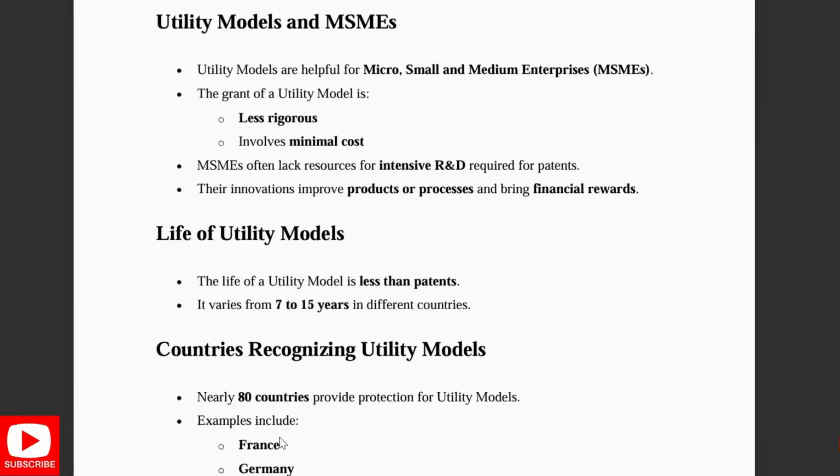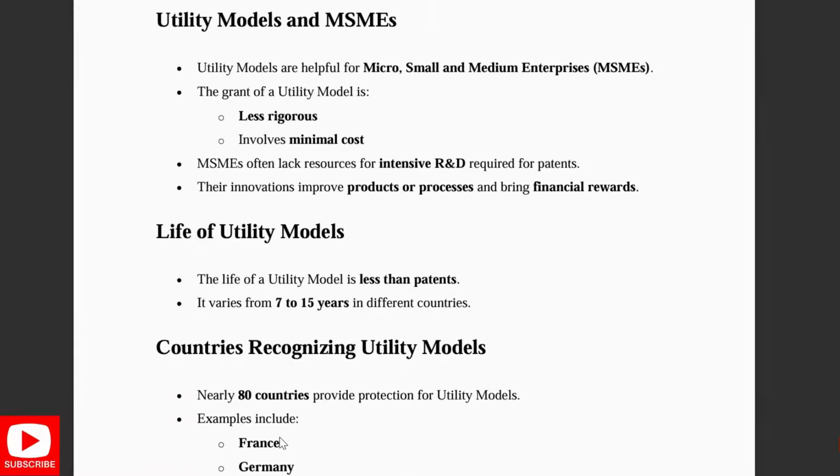Utility models and MSMEs. MSMEs are the micro, small, medium enterprises. They are helpful for them, as the grant of a utility model is less rigorous, involves minimum cost, and MSMEs often lack the resources for intensive R&D required for patents. So their innovations improve products or processes and bring financial rewards.